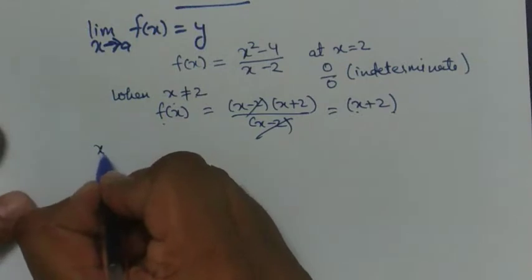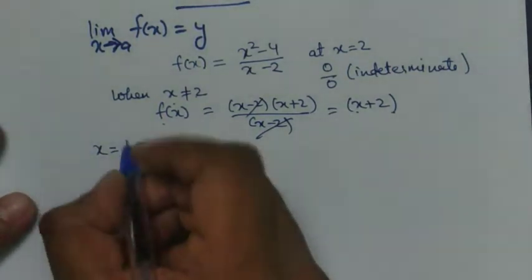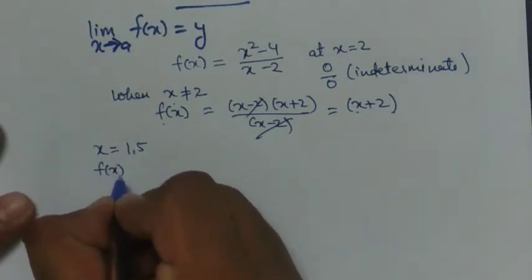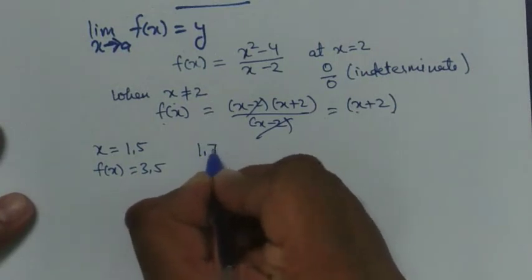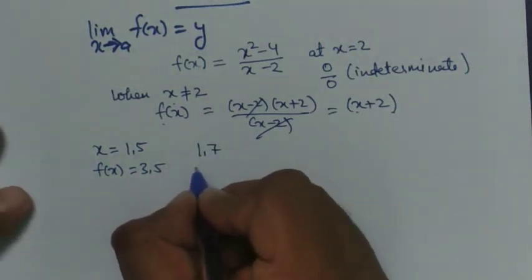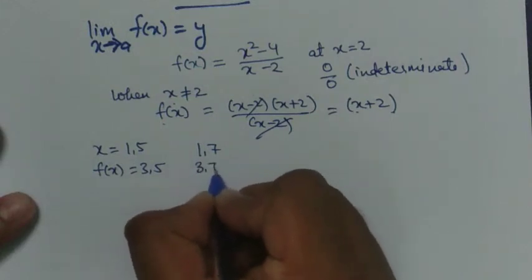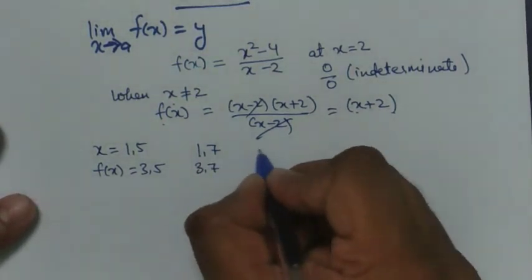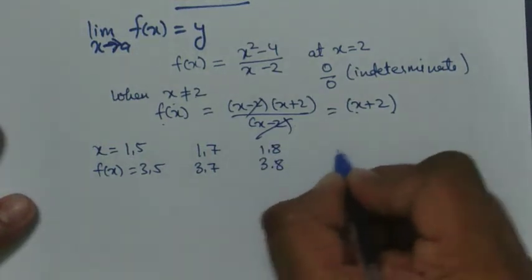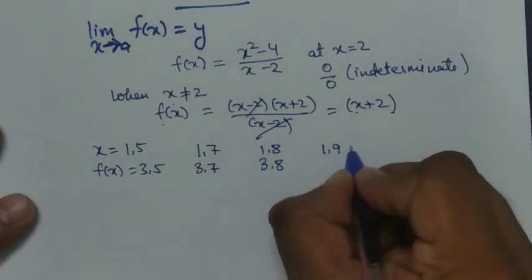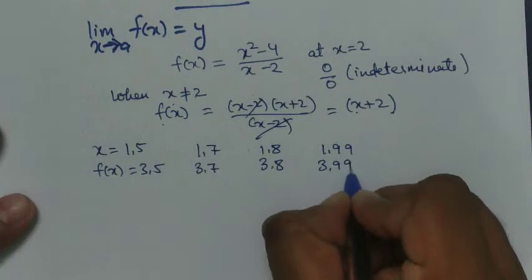Now see, when the value of x is 1.5, the value of f(x) will be 3.5. When the value of x is 1.7, the value of f(x) will be 3.7. When x is 1.8, f(x) will be 3.8. When x is 1.99, f(x) will be 3.99.